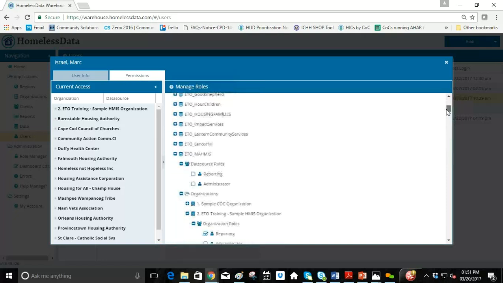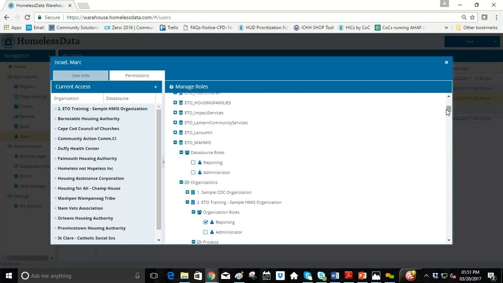He could be given access by the data source administrator for the Massachusetts HMIS system at each specific project level or organization level, or if he has access to that data, or any of you have access to data in HMIS, and you upload it into HomelessData, you then have access to it in HomelessData. So there are a couple of different ways to actually get access to your data.